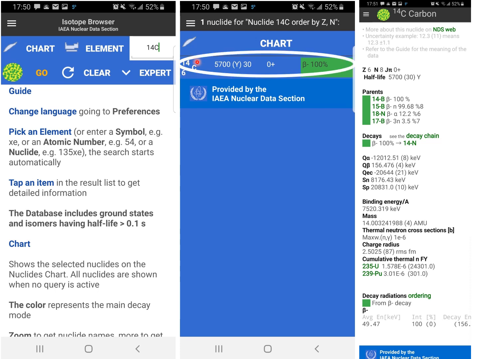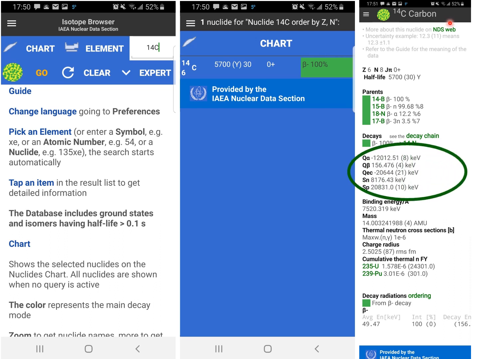Here would be the information: carbon-14, the half-life, the spin and parity, and the decay mode, followed by the percentage or any sort of branching ratios. You would select this, and it would bring you to the next page, where it would have the information on carbon-14, give you the references, the number of protons, neutrons, spin and parity, the half-life, the parents, the decays, and it gives you these Q values.